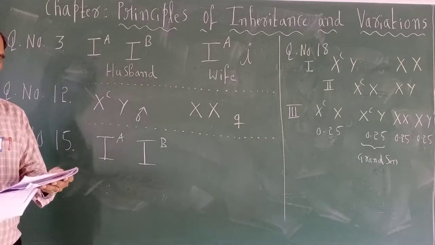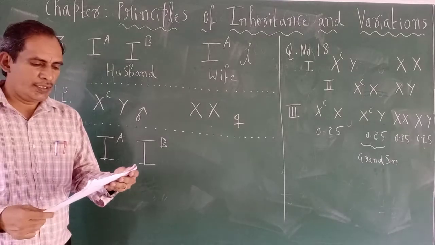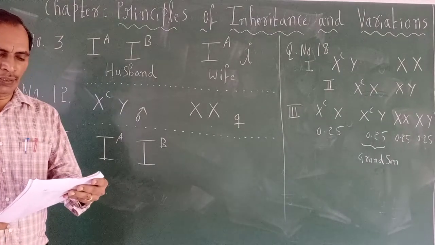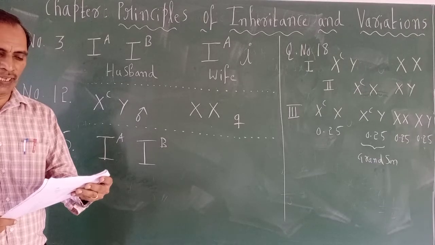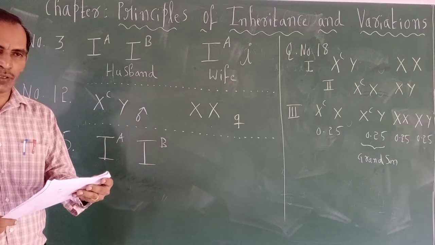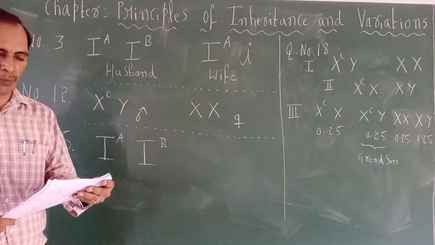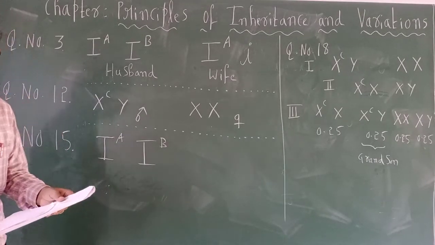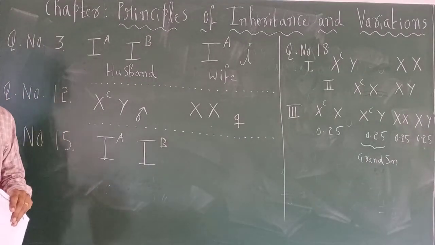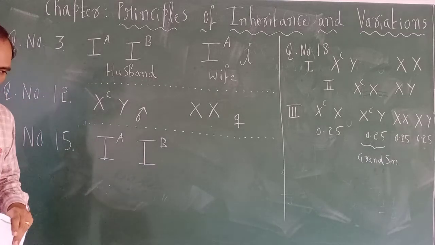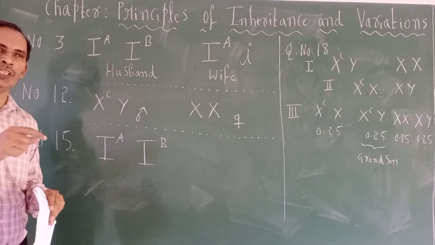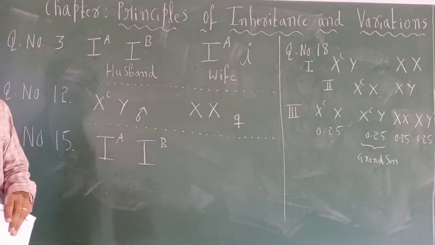Let us move on to the 30th question. F2 generation in a Mendelian cross showed that both genotypic and phenotypic ratios are same as 1:2:1. It represents a case of, okay, what is given? You know very well. In incomplete dominance, in F2 generation, the phenotypic ratio as well as genotypic ratio is same.